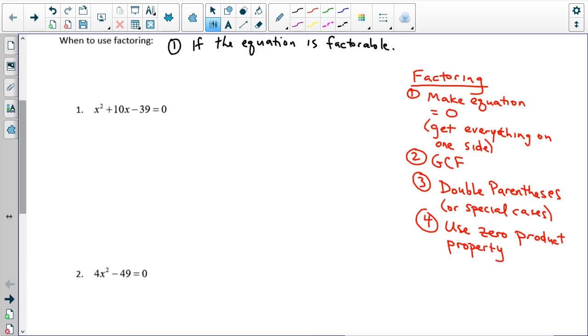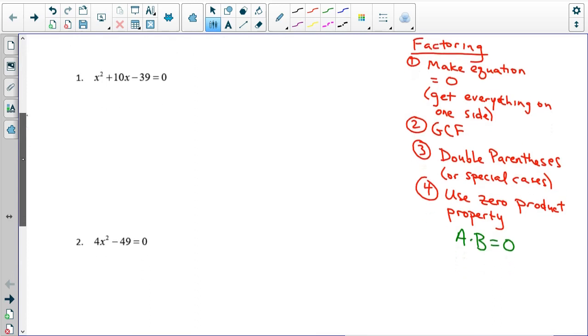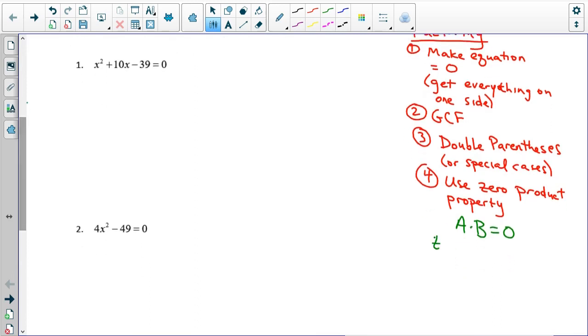And what the zero product property is when you have two numbers that multiply together to equal 0, that means that either A equals 0, so the two numbers are A and B, either A equals 0 or B equals 0 must be true.